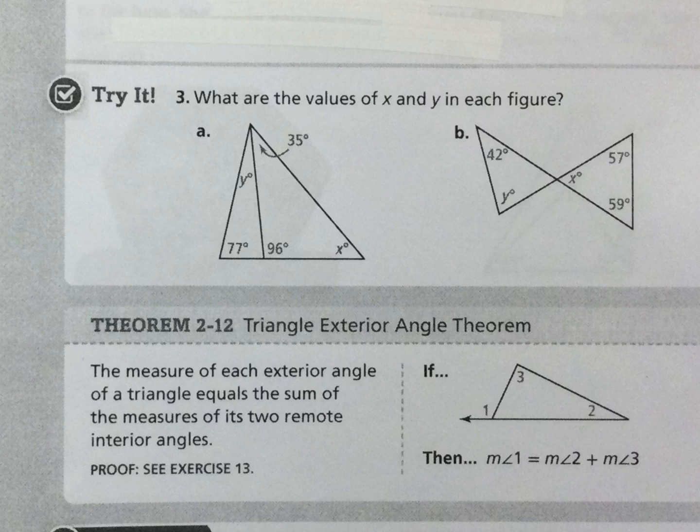So x is simply 180 minus 96 minus 35, right? Which is 49. So x is 49. Now y.